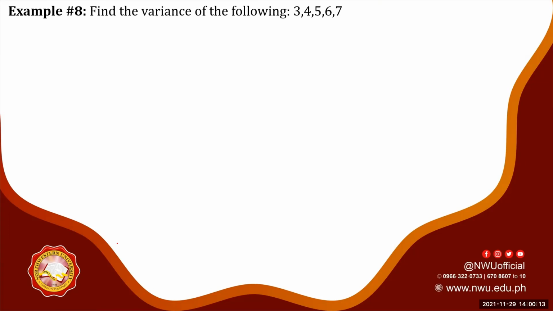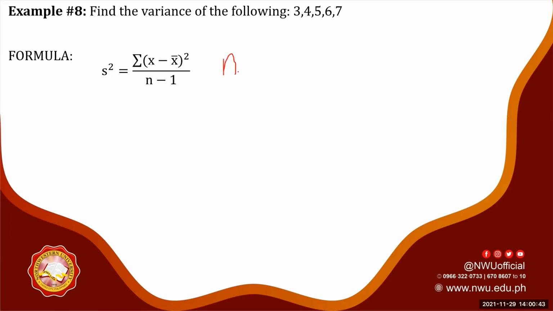Okay? Now, you're trying to find the variance of the numbers 3, 4, 5, 6, and 7. And you need to know the formula, of course. In the formula, you need to get your x, your x bar or your mean, your x minus x bar or x minus mean, and the total of the squares of your x minus mean.